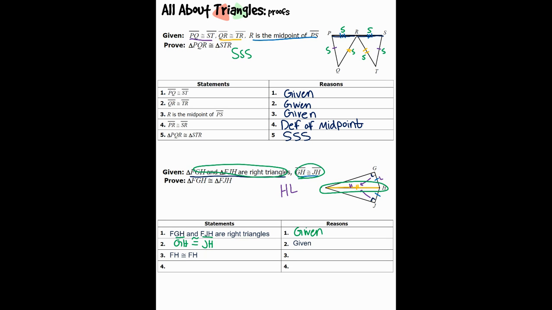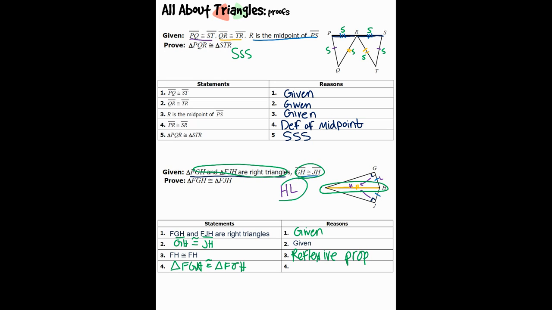So in our proofs, whenever something equals itself, remember our properties, that was the reflexive property. We're not changing anything. We're just saying that this equals the same thing. 1 equals 1. All right, so finally, what are we trying to prove? We were trying to prove that this triangle FGH is congruent to the other triangle.